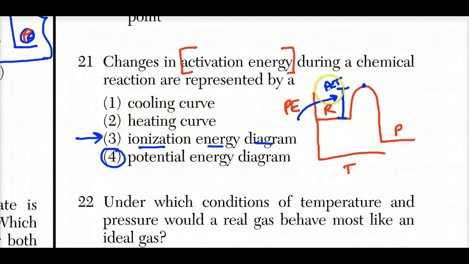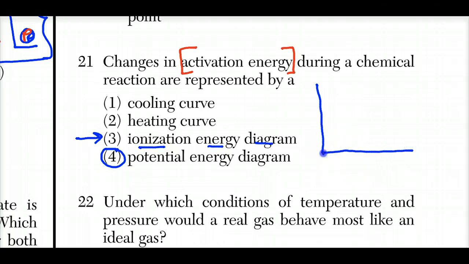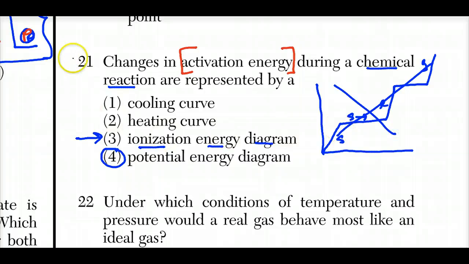Cooling curves and heating curves, okay, those of course we've drawn in other lectures, but the heating curve and cooling curve do not tell you anything about a chemical reaction. They tell you about physical changes, a solid to a liquid to a gas, and the phase changes that occur, but they don't talk about chemical reactions. These are physical, so that doesn't make any sense. Choice 4 is the answer.